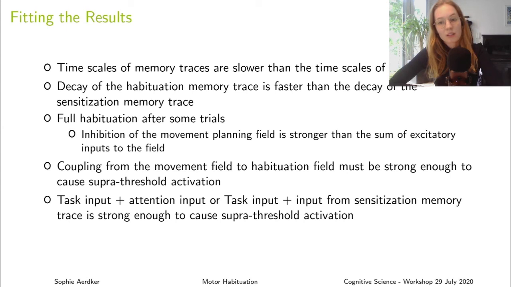And after that, they only move the lever because they know that music plays and they repeat the movement due to sensitization. So in our setup, the task input alone is not sufficient to cause the superthreshold activation in the movement planning field, meaning that there would be no movement only because of the box.